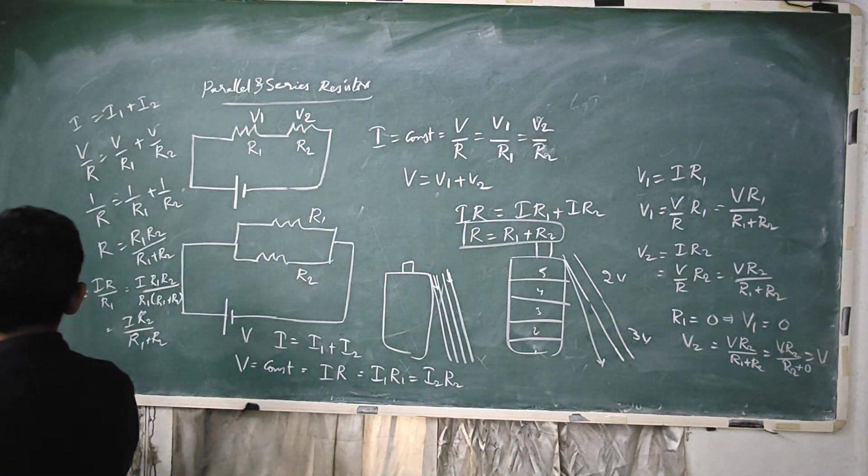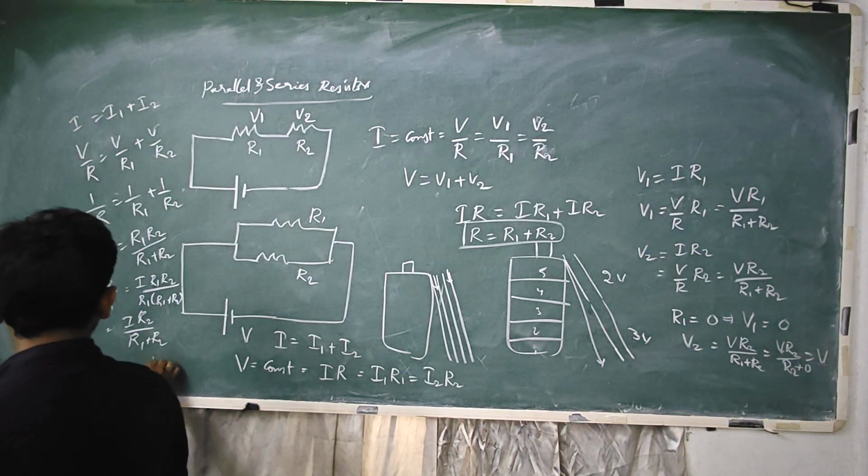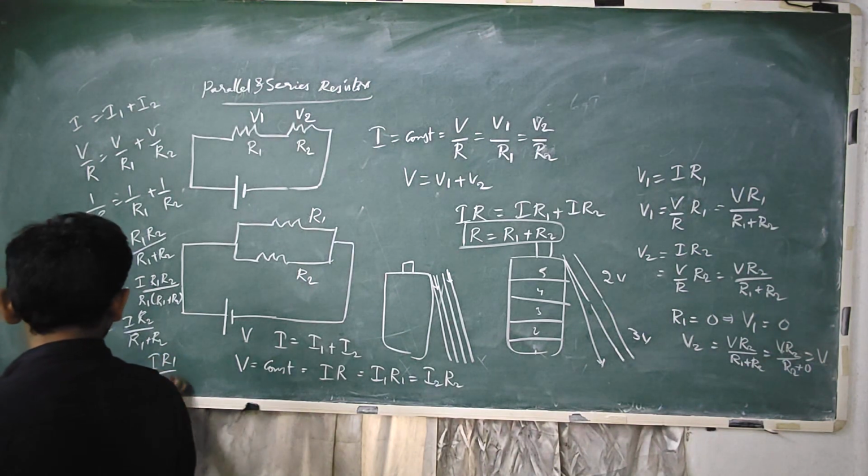Next one, I2, is I R by R2. So it is I R1 by R1 plus R2.